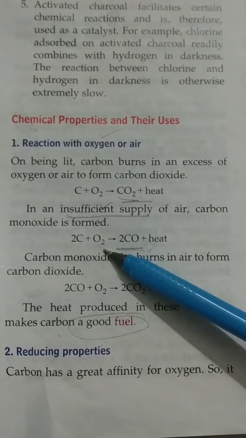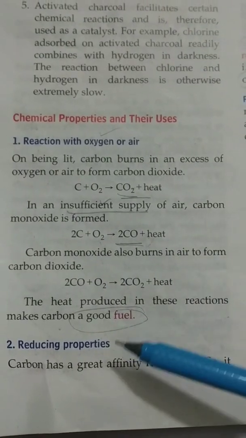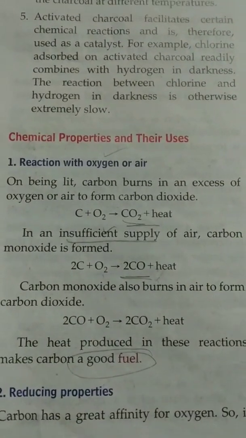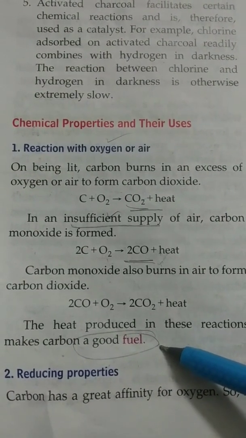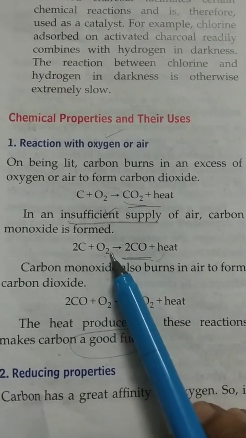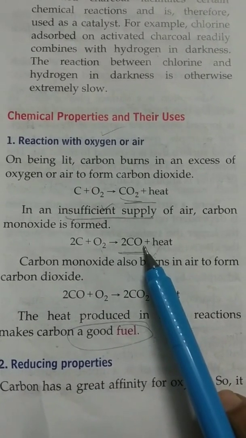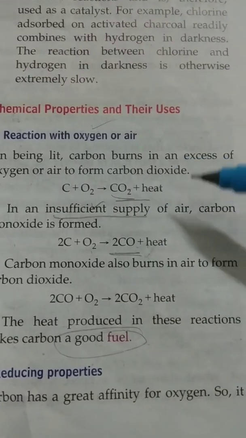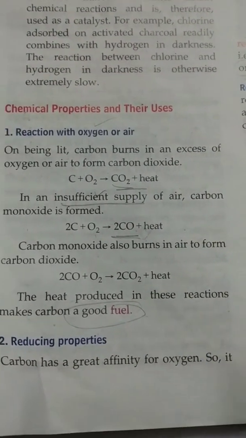And when there is an insufficient supply of air to the burning carbon, then we get carbon monoxide and heat will be released. So these reactions make carbon a good fuel. Because when carbon burns in absence or insufficient supply of air, it forms carbon monoxide. Carbon monoxide once again comes in air, reacts with oxygen, then it forms carbon dioxide.